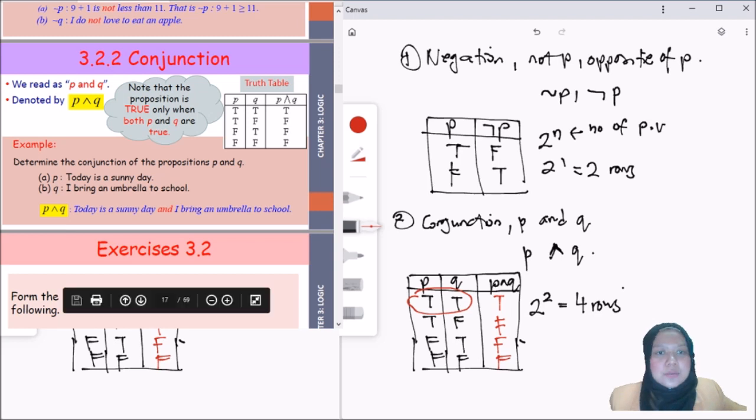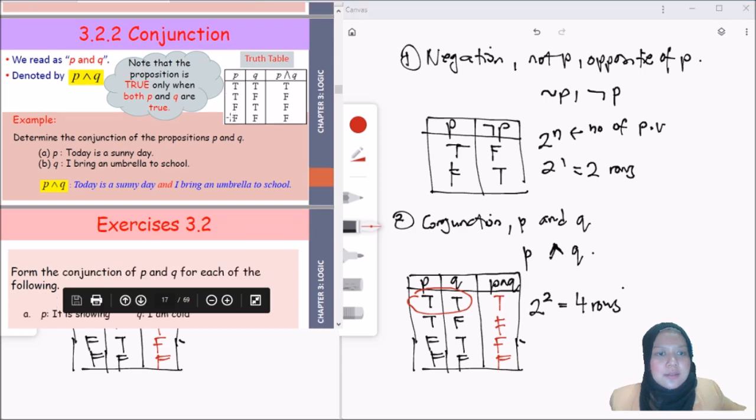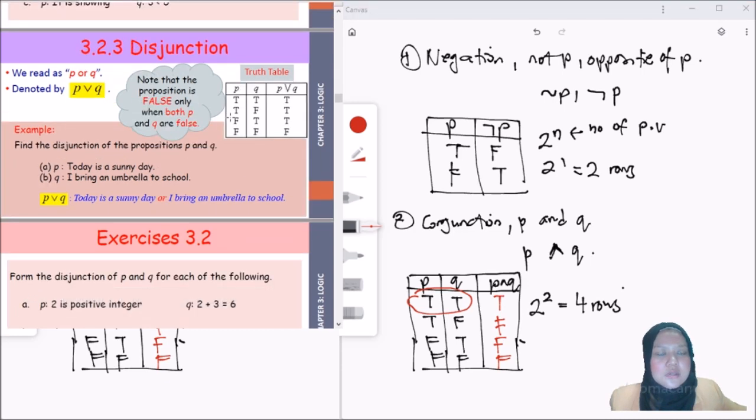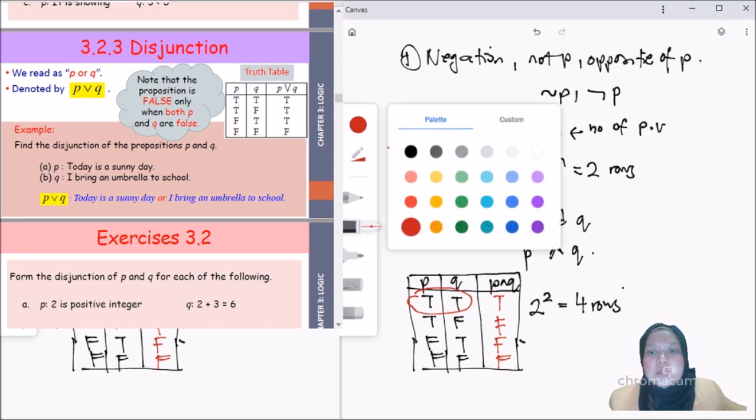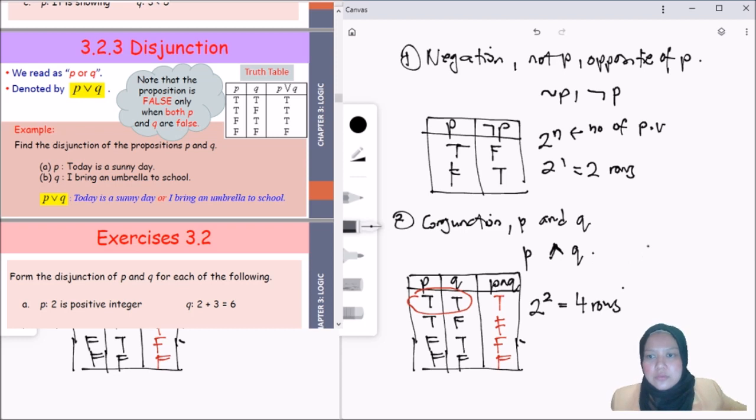Let's move on to the next type of logical connective, which is disjunction. Here I read it to compare, for easier comparison. The third type is disjunction.